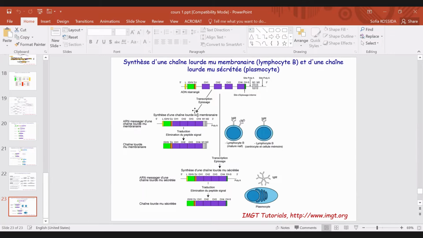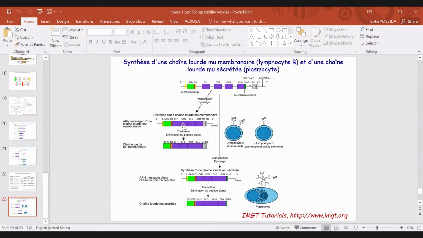We're going to see how a membrane mu or M chain is being generated. Basically, there is the transcription. We go all the way to M2, and there is this polyadenylation signal that is maintained. You see it clearly here. This is the transcript with the polyadenylation signal.